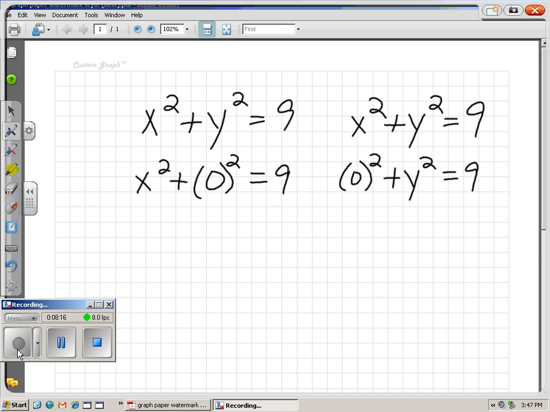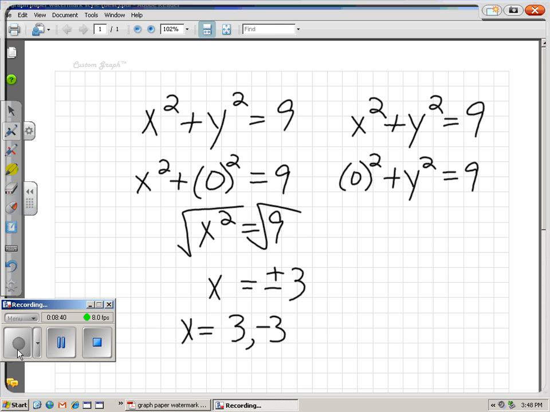Now let's solve this. On the left, I have x squared equals 9. So I square root both sides. Now remember, when I square root, I always have two answers. I have a positive and a negative answer, and the square root of 9 is 3. So my x-intercept is positive 3 or negative 3.